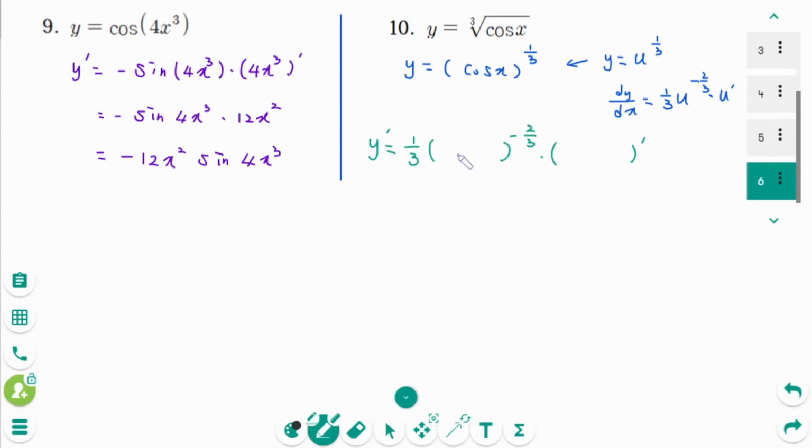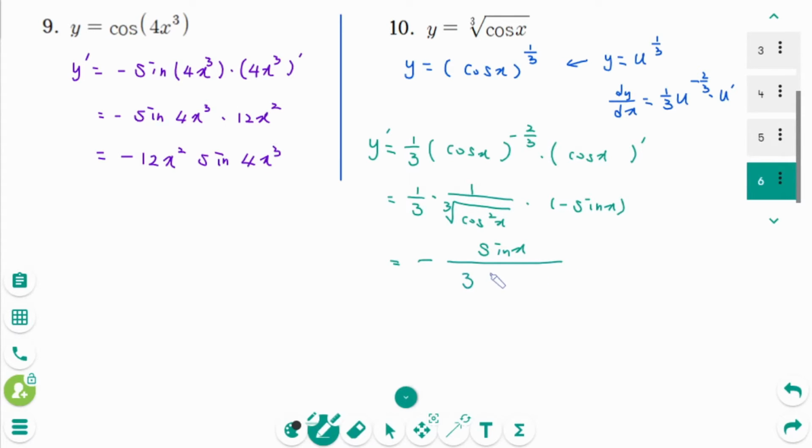Keep the inner function, which is cosine x. Then back to the radical form, 1 over 3 times 1 over cube root of cosine squared x times cosine x prime, which equals minus sine x. The final answer is minus sine x over 3 times cube root of cosine squared x.